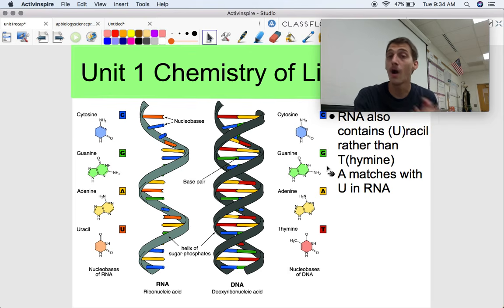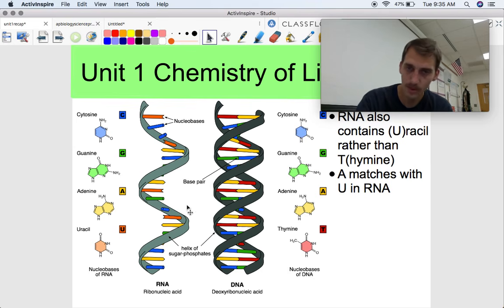But when it comes to RNA, A matches with U. Apple goes underwater or something like that. When you're matching these up, that's going to come back a lot more in Unit 6, especially in topics 6.1, 6.2, and 6.3. But that's another key difference between them.